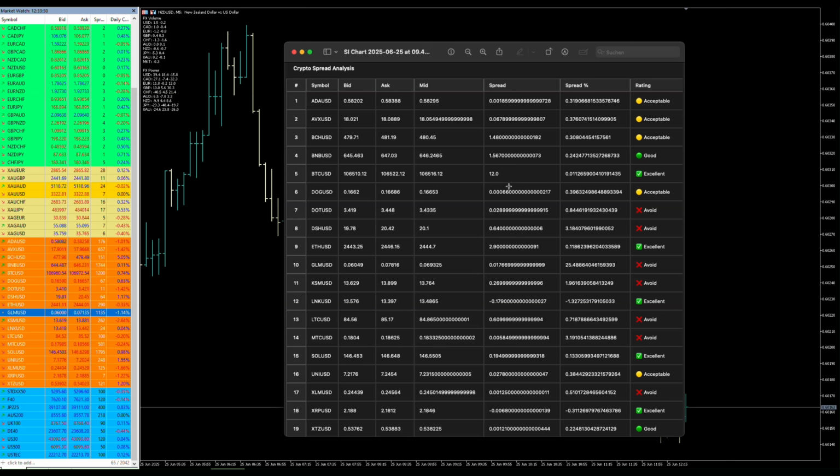And just to give you an example, of course, the spread for Bitcoin is excellent because it's an asset with a high liquidity. Many people trade it, so there is always a liquid market for that. It's definitely different for this cryptocurrency I never heard before, GLM USD. There the spread is 25%.